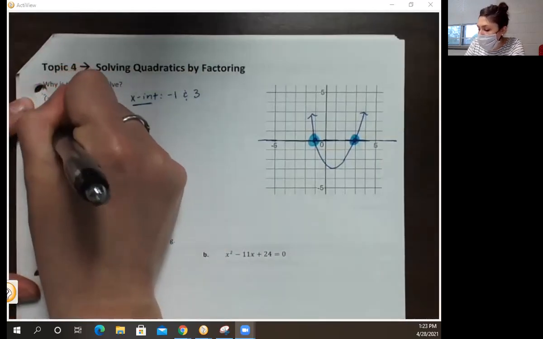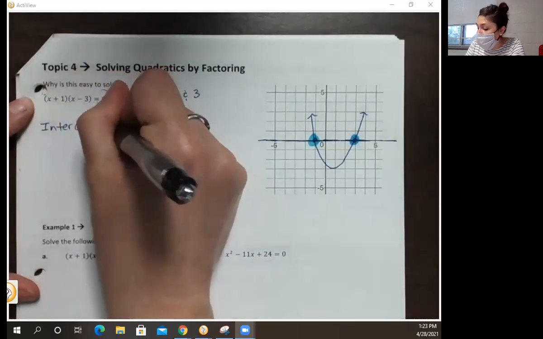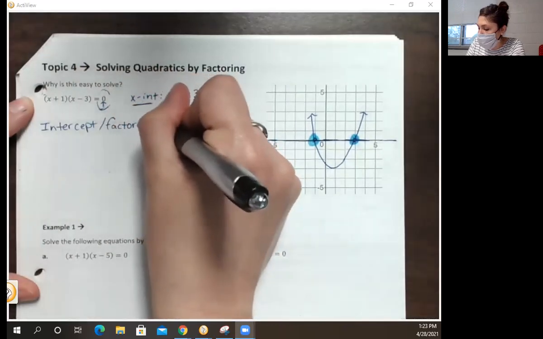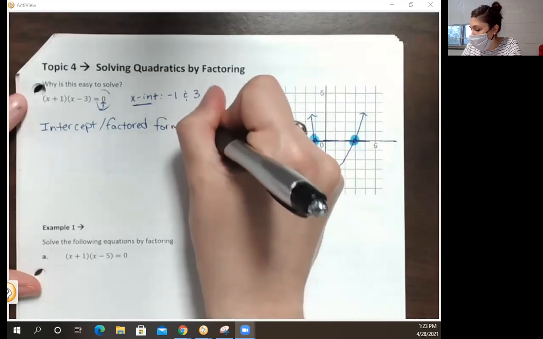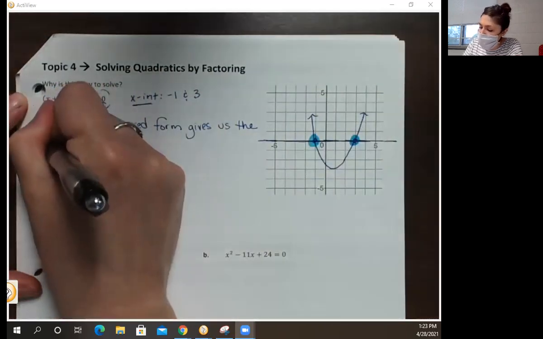So intercept or factored form, we've also called it. Intercept or factored form gives us the x-intercepts.